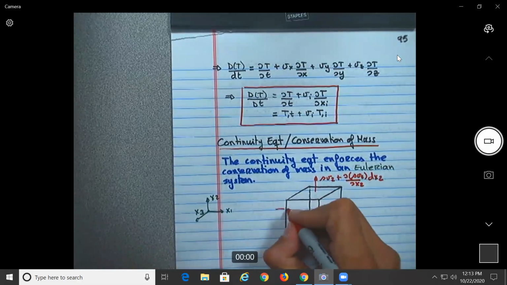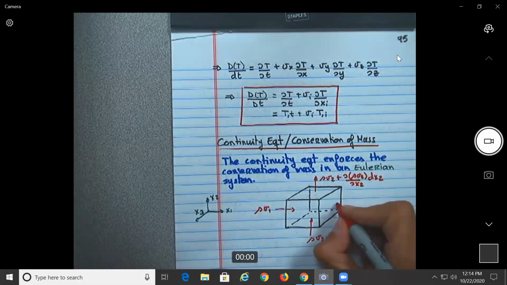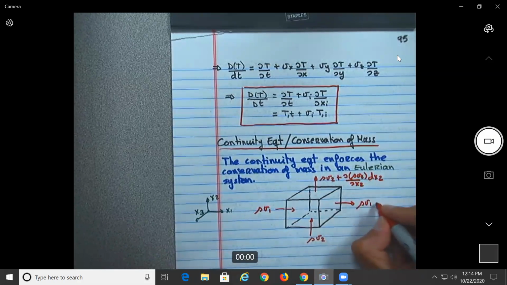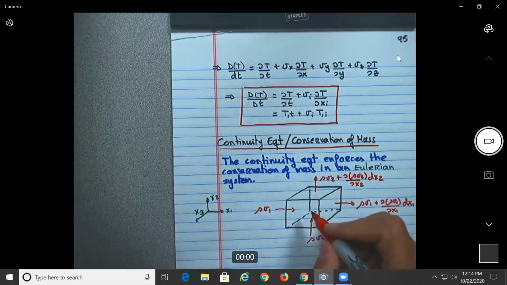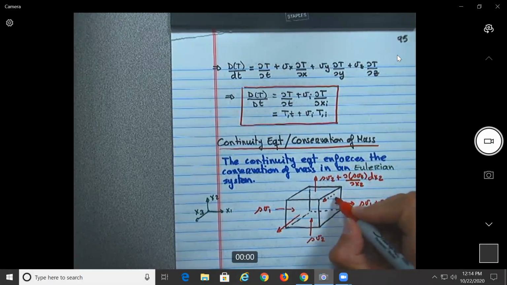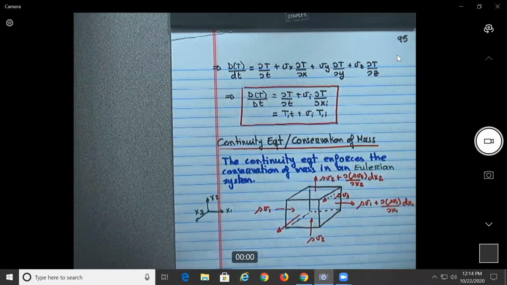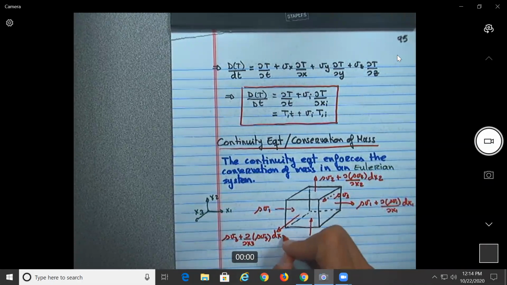In this one it would be rho V1, and what will be leaving over here would be rho V1 plus the partial of rho V1 partial X1 dx1. And then the one that is going to be complicated is this one over here. On the back would be rho V3. The front would be rho V3 plus the partial in X3 of rho V3 dx3.